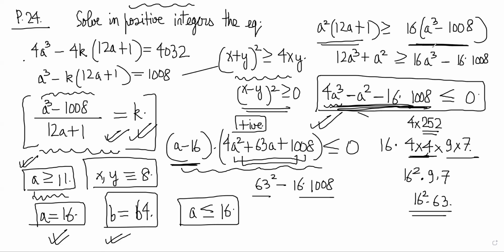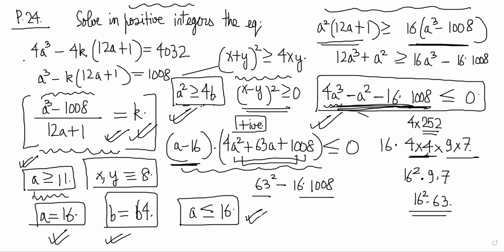How did we get this? We got it by a square greater than or equal to 4b, which was an important idea. That's how we got started with this, right? And from there, we eventually got a is less than 16. Once you limit it to 11 to 16, you can just check all the even numbers and see which one works.